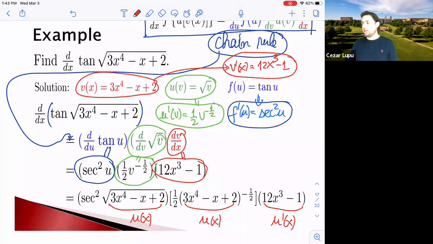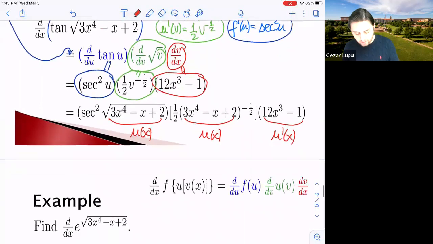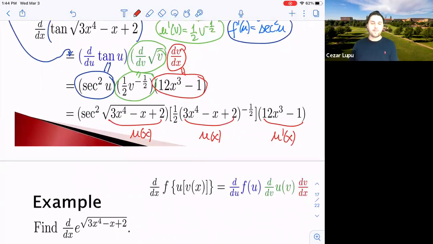All right, a similar example, again with 3 functions, is this guy here. So let's see, who is v, who is u, who is f? Tell me.